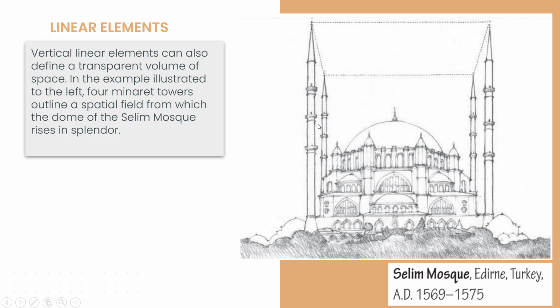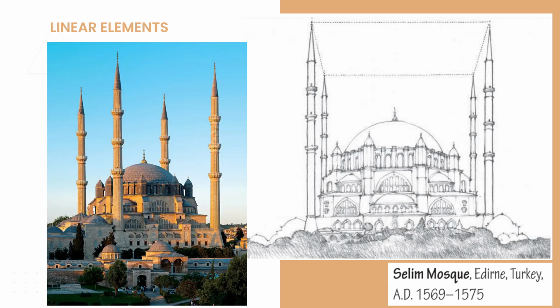So this tower on the corner of this mosque, the Selim Mosque in Edirne, Turkey, are what we call minaret towers. Four minaret towers outline a spatial field from which the dome of the Selim Mosque rises in splendor. So this is what it looks like in real life, in actual.